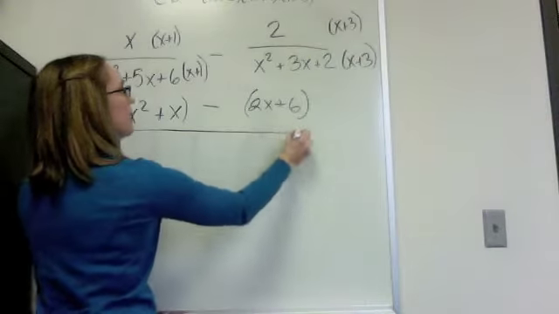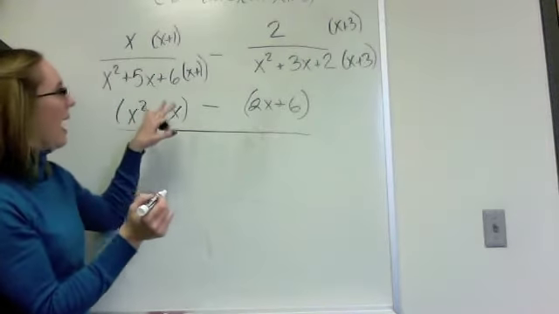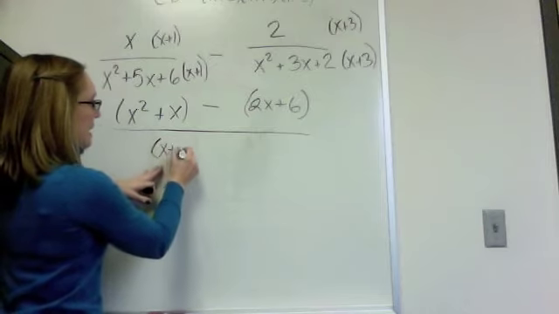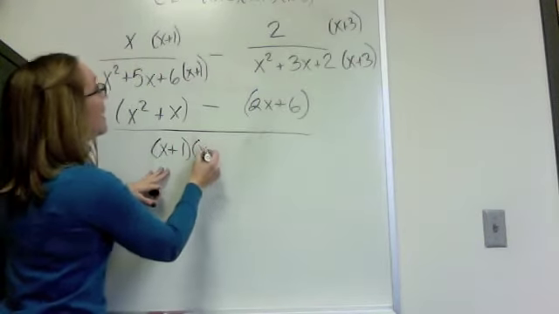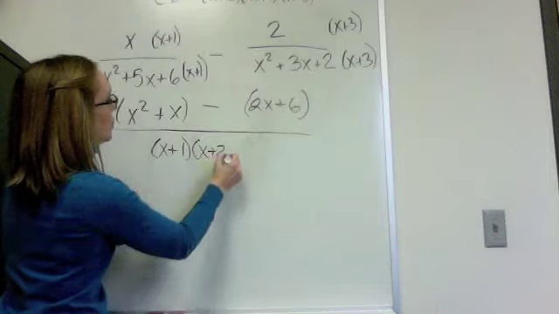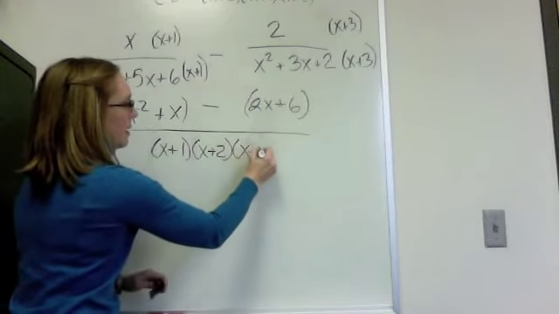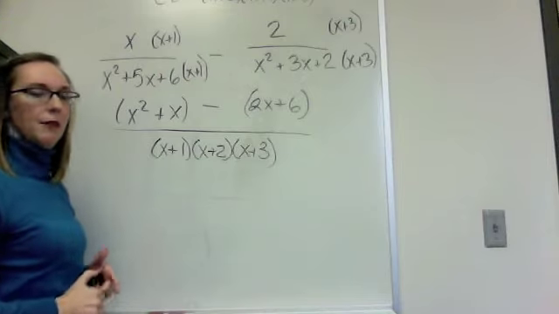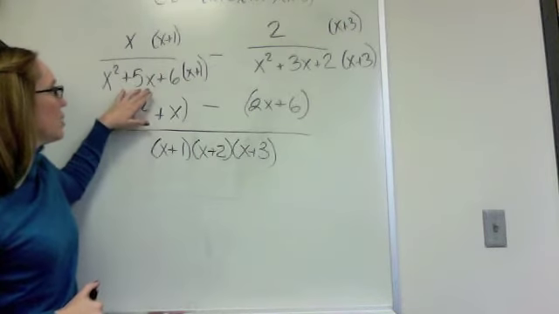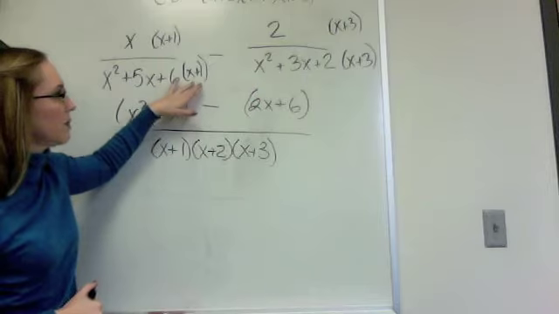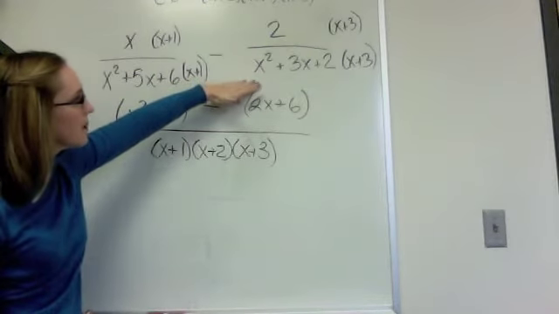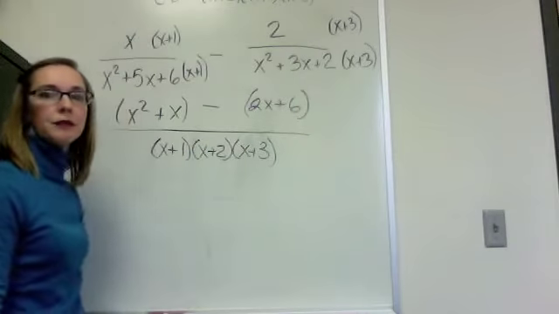And on the bottom, we have x plus 1, x plus 2, and x plus 3. That's our common denominator, because this is x plus 2 times x plus 3 times x plus 1, and this is x plus 1 times x plus 2 times the x plus 3.